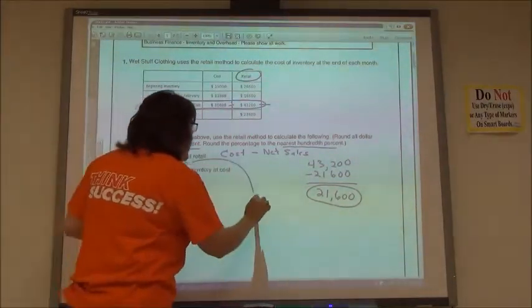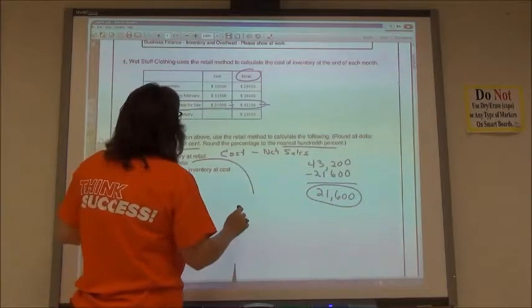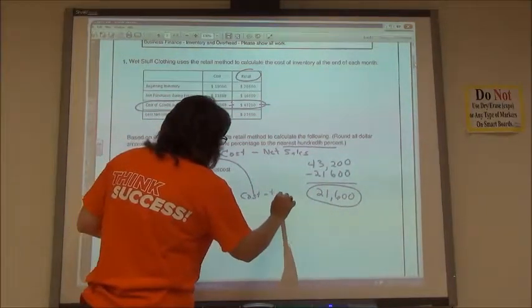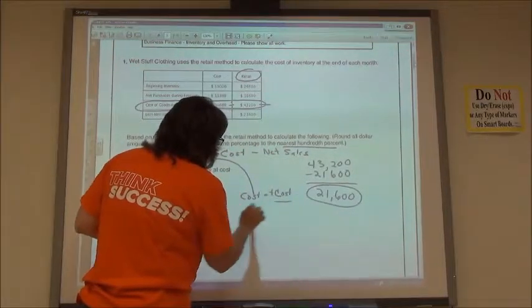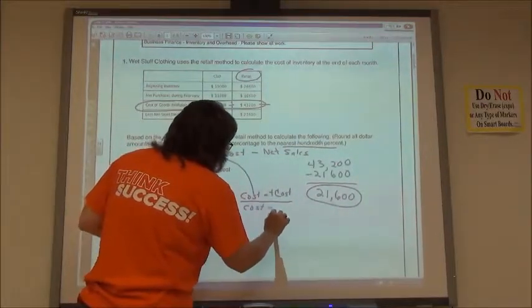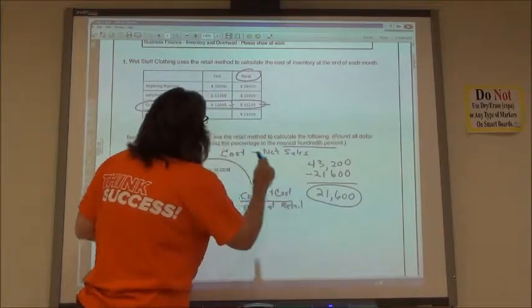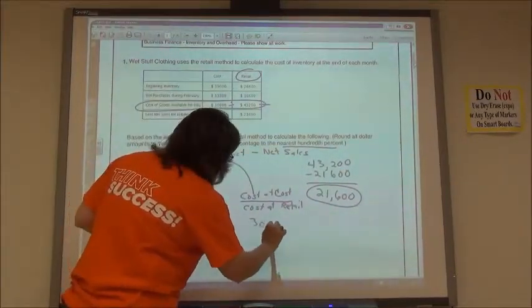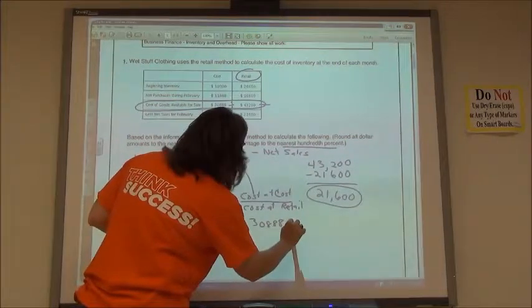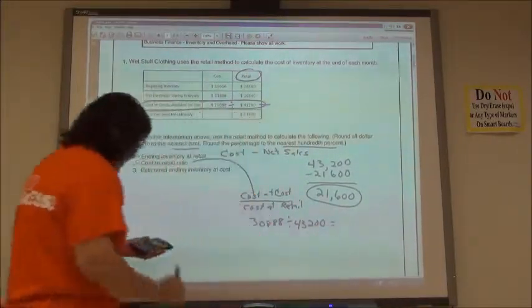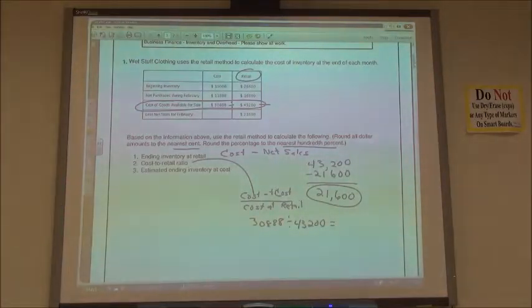So we're taking 30,888 divided by 43,200. And again, I'm going to use my calculator to divide that out.